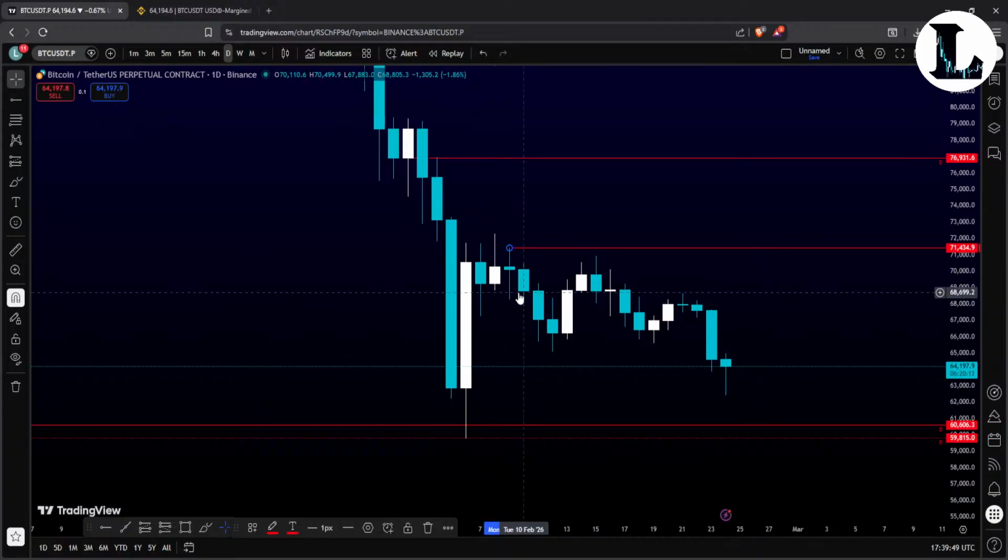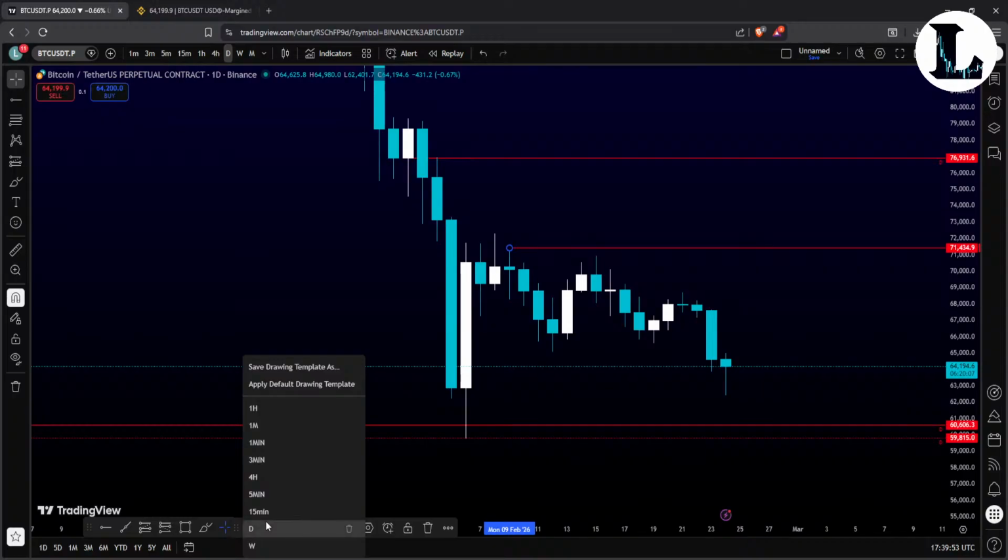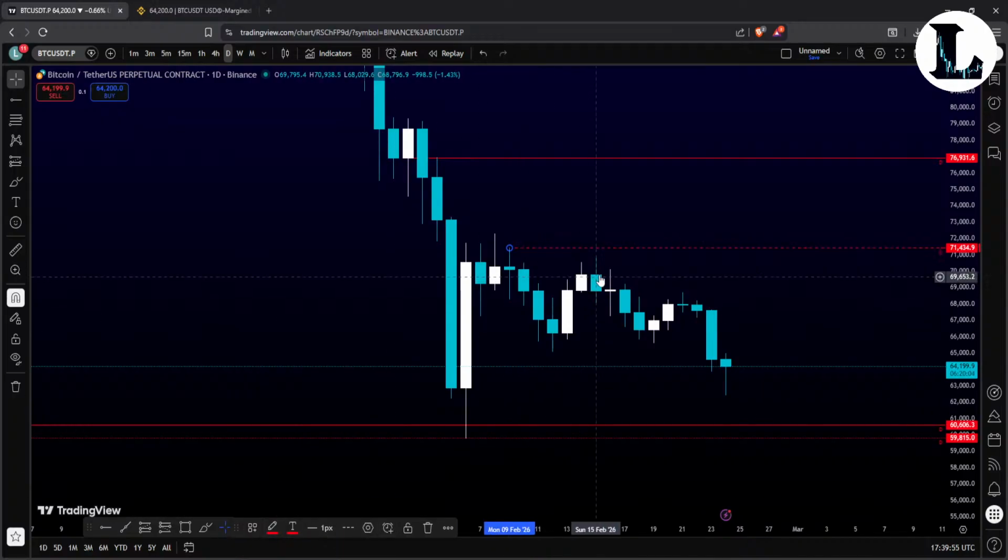So white candle followed by 2 blue candles, you mark this as the daily break level, and when the price goes to the break level, it means that it's trying to, in this case on the top, break up, okay. It doesn't mean that it's going to break on the first test or on the second, but is trying, okay.